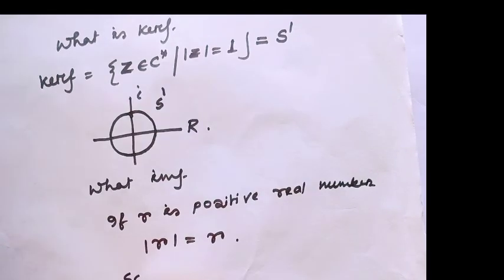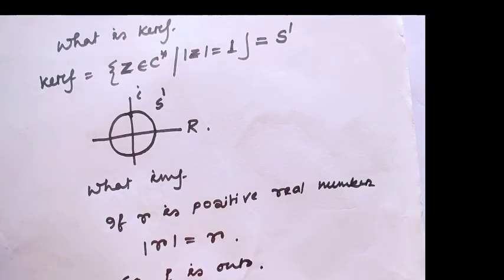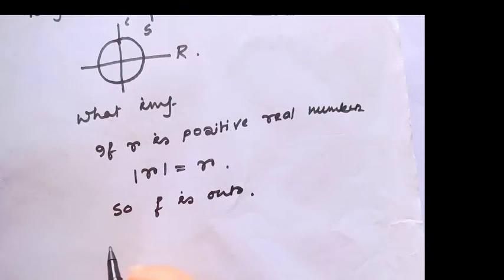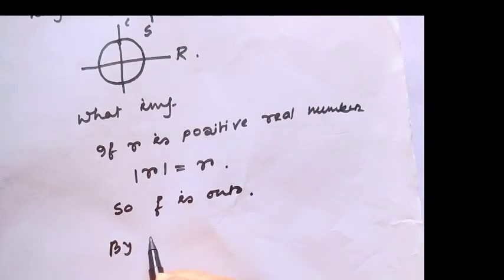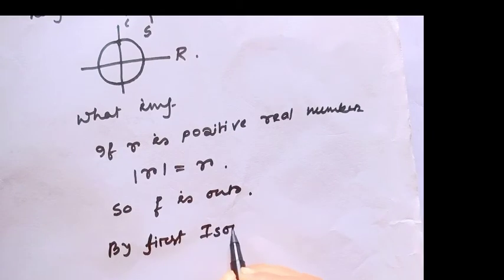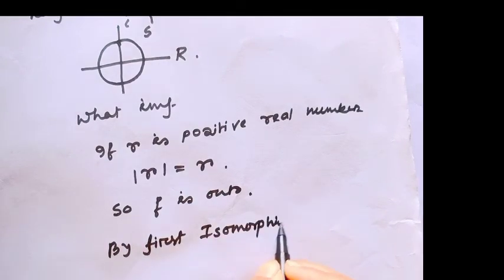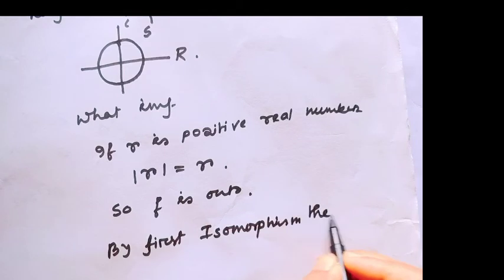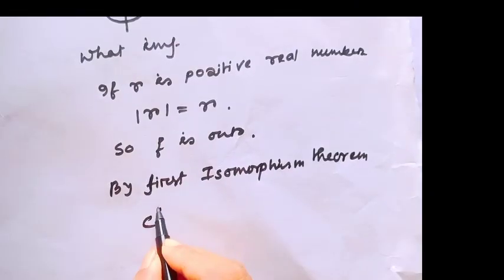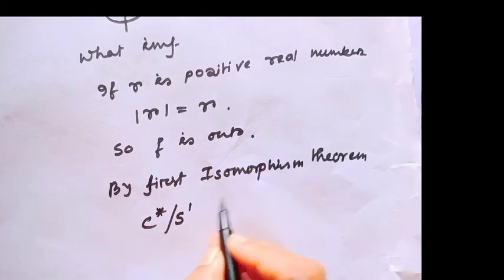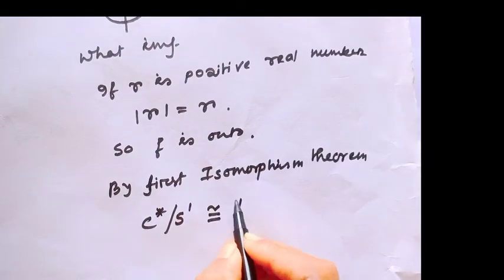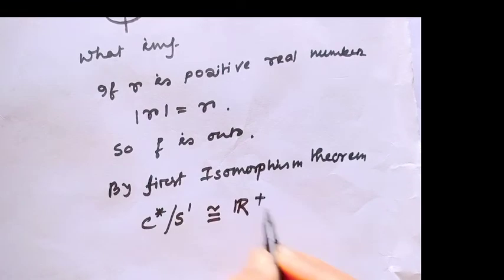So f is onto. Then by the first isomorphism theorem, we can tell C star mod S1 is isomorphic to R plus.